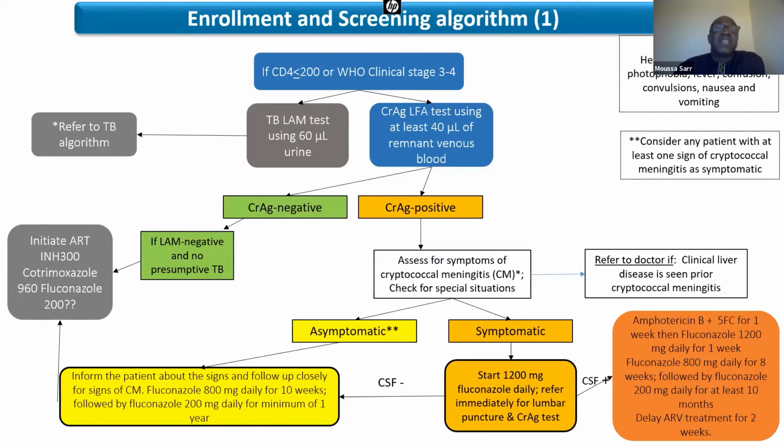This is to give you an idea of the algorithms that we will be using during phase two. For patients who have a CD4 less than 200 and a WHO clinical stage of 3 or 4, in addition to the treatment and prophylaxis recommended by the national guidelines, we'll also be doing TB-LAM testing in the urine, and cryptococcal antigen testing on venous blood.